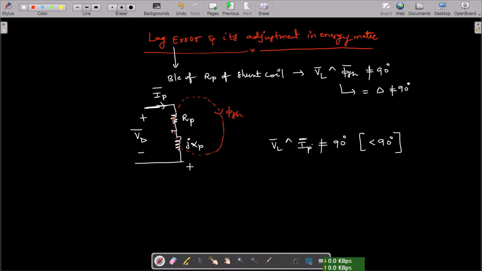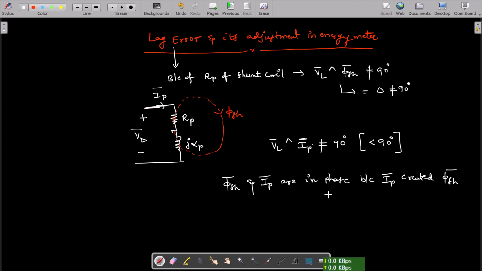And we already know that phi sh bar and Ip bar are in phase, because Ip created phi sh; current creates flux.